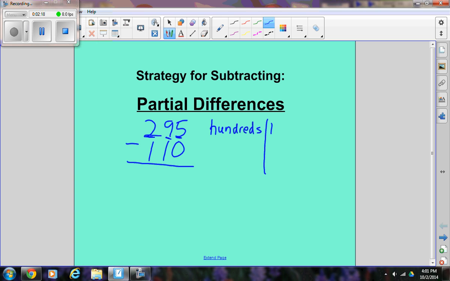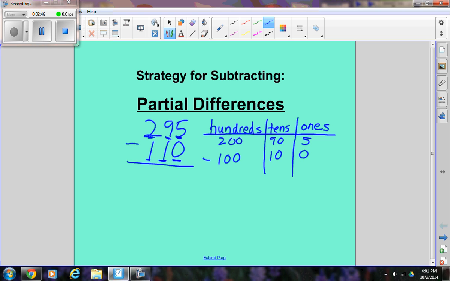I have my hundreds, I have my tens, and then I have a column for my ones. All right. So I know in 295, I have a 200, 90, and 5 ones. In 110, I have 100, 10, and 0 ones.